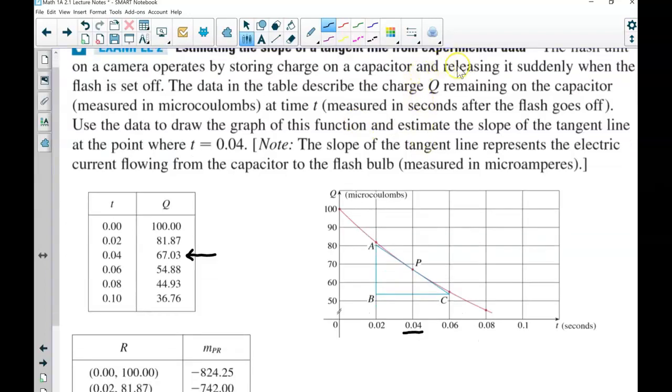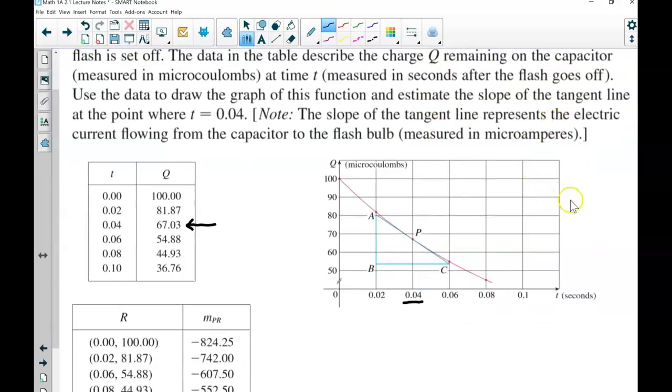Okay, so now, since that is the point that we're going to be using, the point that we're selecting here is when x is 0.04 and the output is 67.03. Now again, these are data values that have been given to us. Okay, so if we want to pick some point on this particular graph, we can then find the slope.